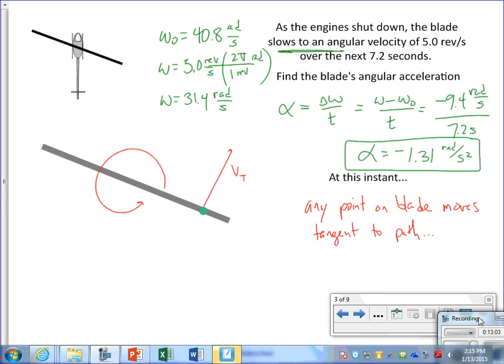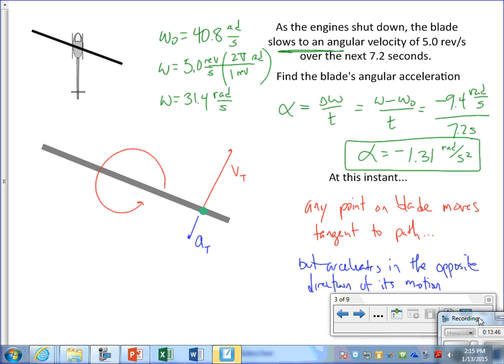So we can actually draw a vector representing its acceleration, and that's tangent to the curve too. For an object to slow down, remember, if it's moving in one direction, it's got to accelerate in the opposite direction of its motion. Is that correct grammar? I don't know.